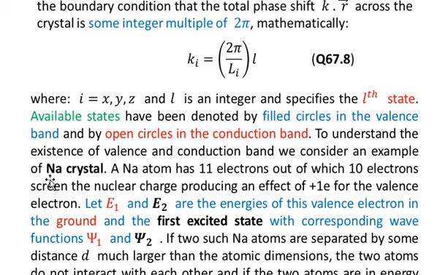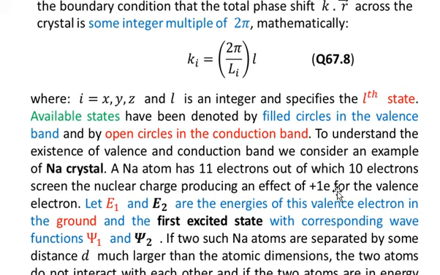To understand the existence of valence and conduction bands, we consider an example of the sodium crystal. A sodium atom has 11 electrons, out of which 10 electrons screen the nuclear charge, producing an effective charge of +1e of the nucleus as seen by the outermost electron.